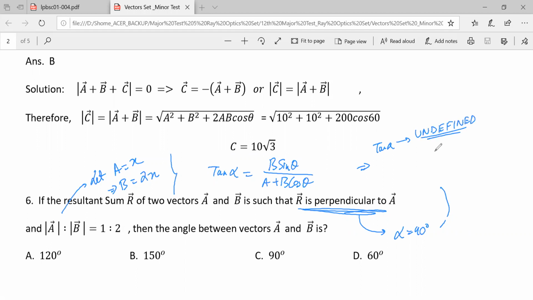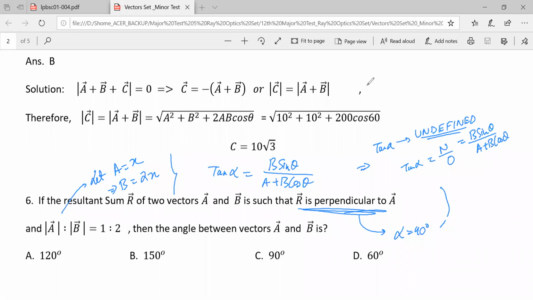Okay. So undefined का मतलब क्या हो गया, that tan alpha must be some quantity divided by 0. The denominator must be 0. So this must be B sin theta upon A plus B cos theta.